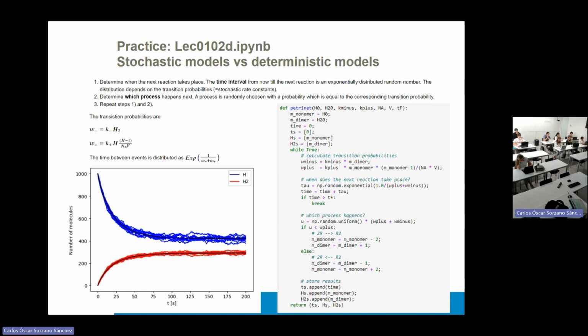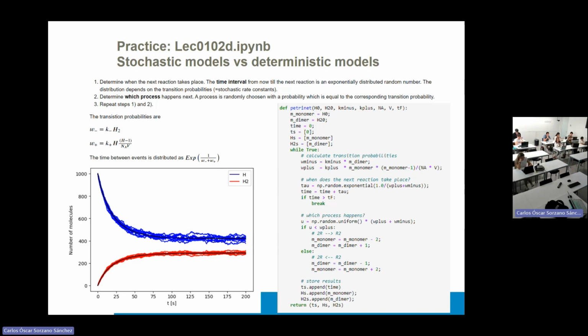So the most likely event should be an encounter of atoms. So we take a random number that goes from 0 to this sum. If it is smaller than W plus, then it is the formation of a molecule. If it is larger than W plus, then it is the opposite event.